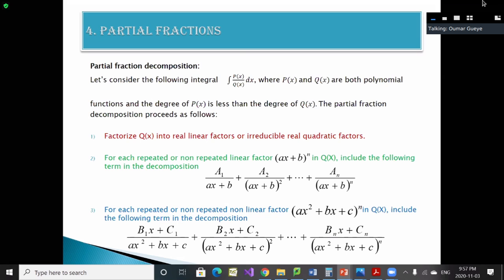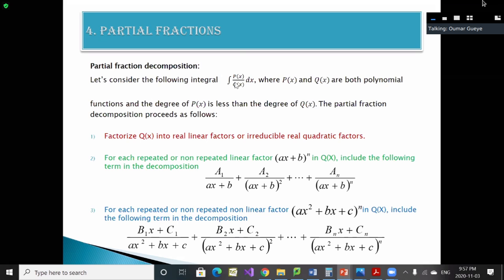Let's suppose you have to integrate this function. At the beginning, I'll not show you how to use it to calculate the integral, because this technique can be seen as just a technique to simplify your function. That's it. After that, you calculate the integral. So now we will see how to simplify the function first.